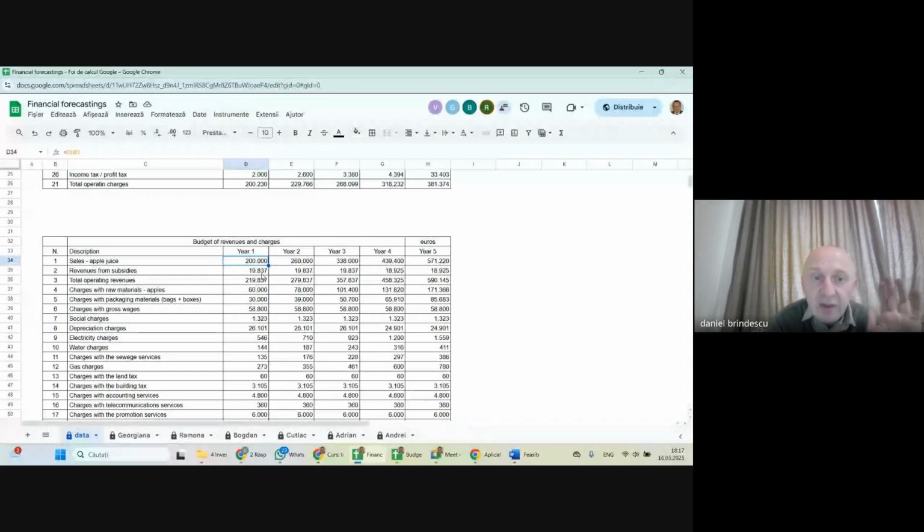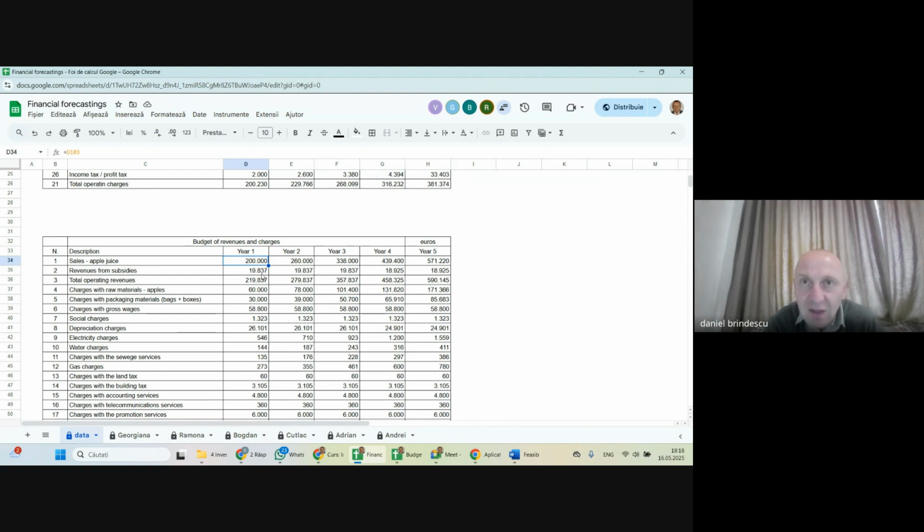Now, if I'm selling apple juice of 200,000 euros within the first year, which by the way could be for me 2027, so I register revenues of this value.